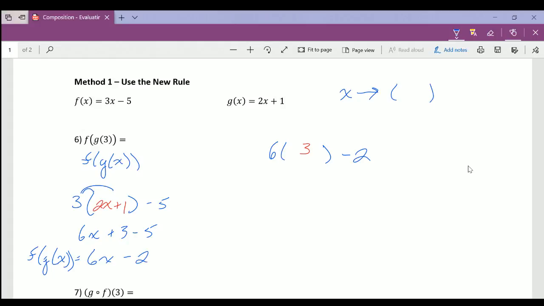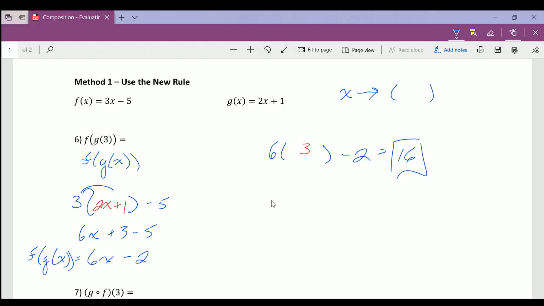I hate it when people come to my class buying that one. But the 34 MultiView, 30 MultiView, even a regular 30, of course the 36 Pro, all of those will do this just fine when you're just plugging it in. Well, you end up with 18 minus 2, so 16, and that is the answer.